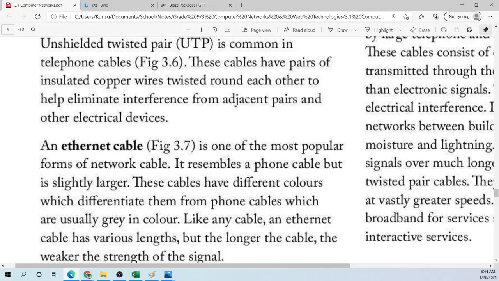It resembles a phone cable, but is slightly larger. These cables have different colors, which differentiate them from phone cables, which are gray in color. Like any cable, the Ethernet cable has various lengths, but the longer the cable, the weaker the strength of the signal. Very good.